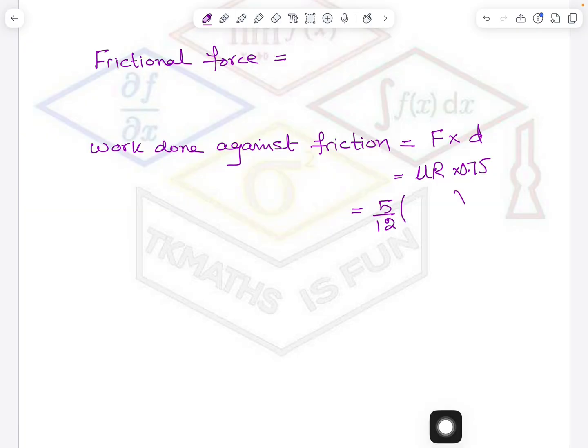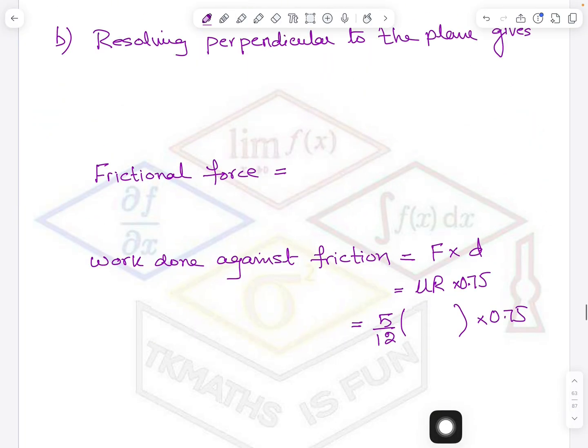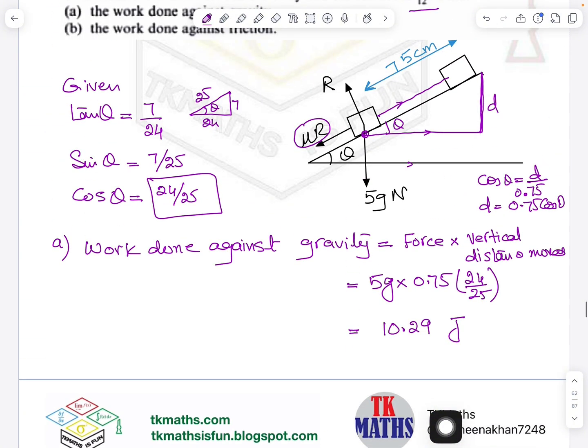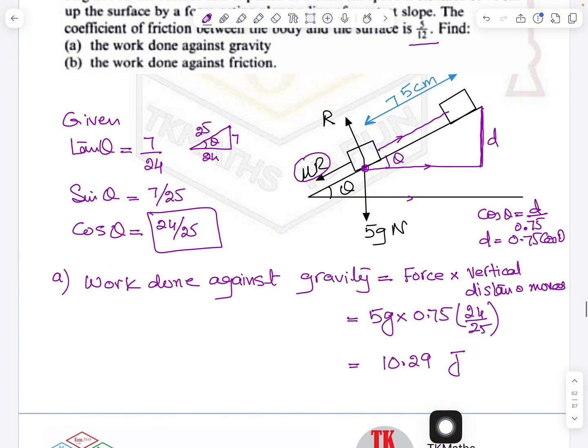The value of R I will write here, and it will help me to find out the work done against friction. So now resolve perpendicular to the plane. We have already seen it in the diagram. If I resolve perpendicular to the plane, please pay attention. This is theta. What is this? Because R is equal to this.